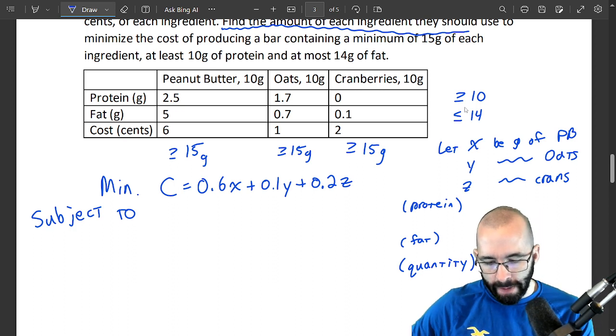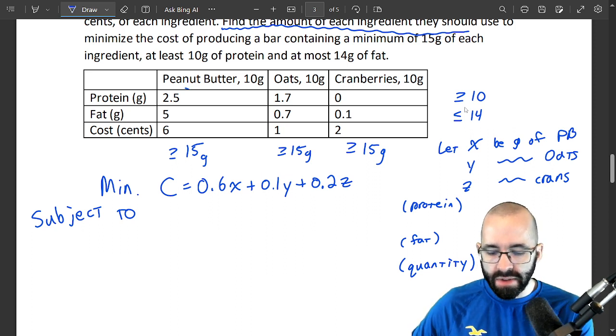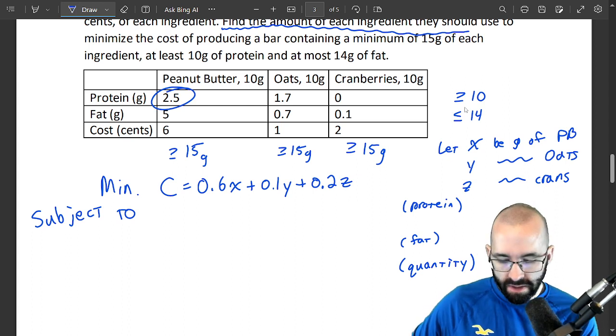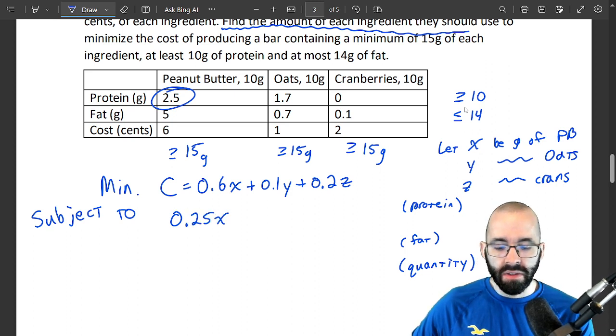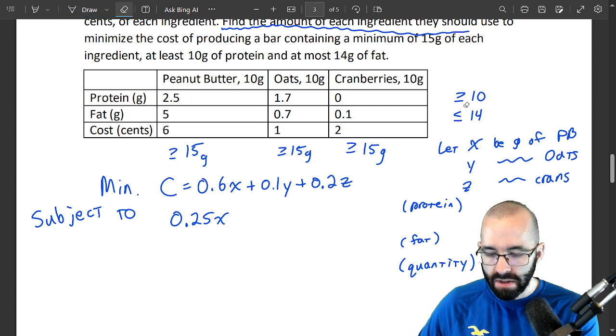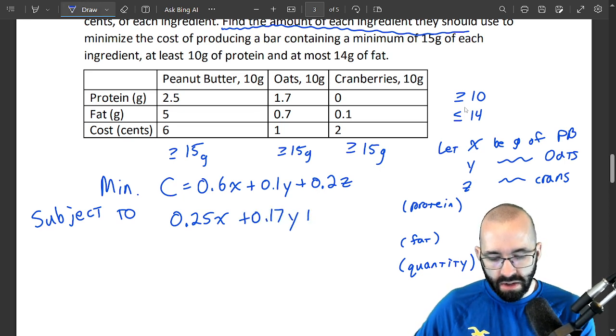All right, so protein. We're going to have 2.5 grams of protein for every 10 grams of peanut butter. That's going to be 0.25 for every gram, right? If X is 10, if we're using 10 grams, we have 2.5. That checks out. And then similarly, it's going to be plus 0.17 for every gram of oats.